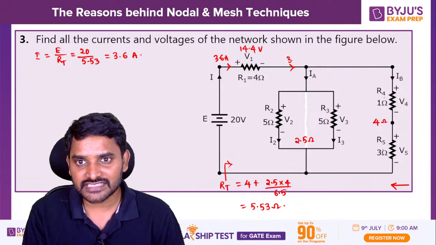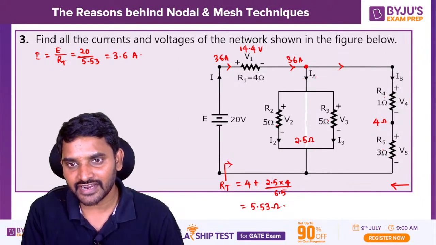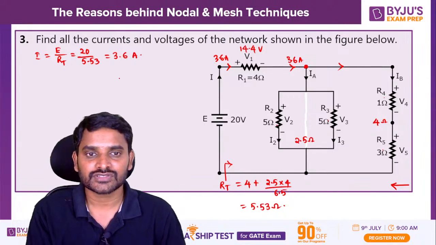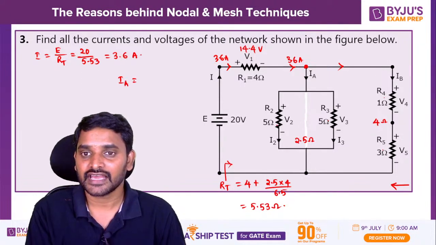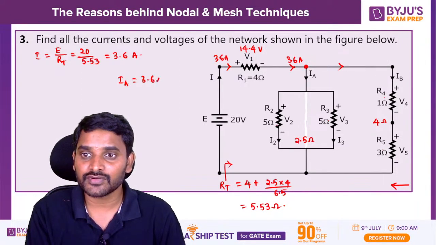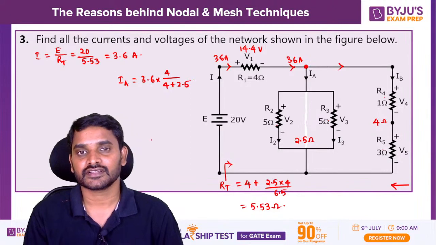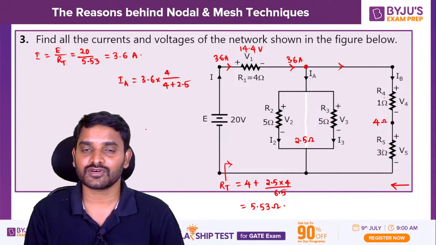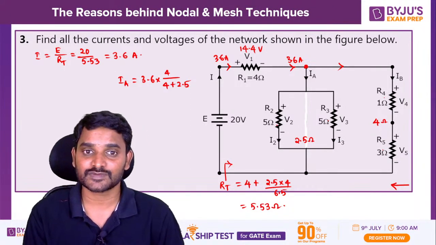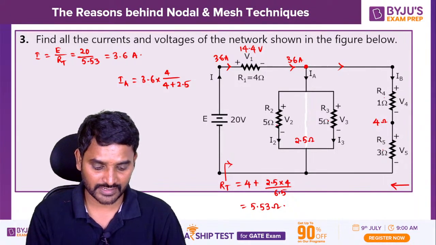This 3.6 amperes enters at this junction, and the current will divide here into IA and IB. To find IA, the entering current is 3.6, the opposite resistance is 4, so 4 divided by 4 plus 2.5. That is 4 divided by 6.5 into 3.6.